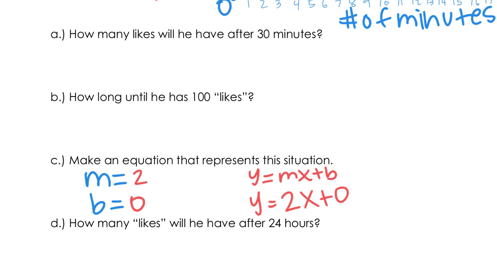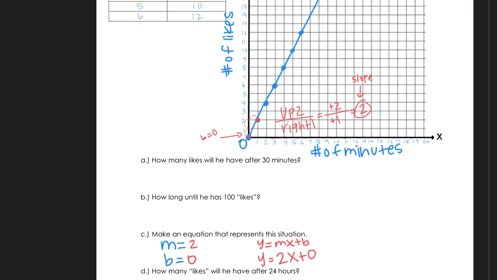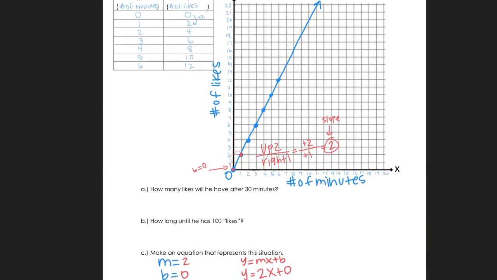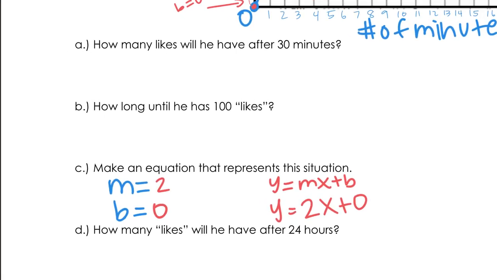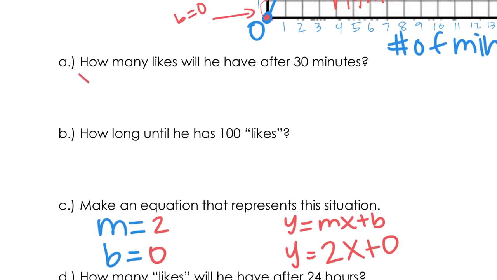So let's look back at question A. It said, how many likes will we have after 30 minutes? Now, looking back at our table and our graph, our number of minutes were the x value. So they're asking me what happens when x is 30.